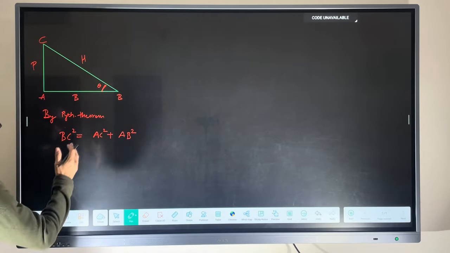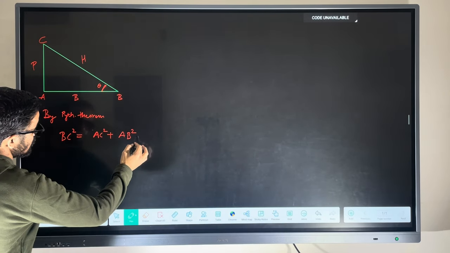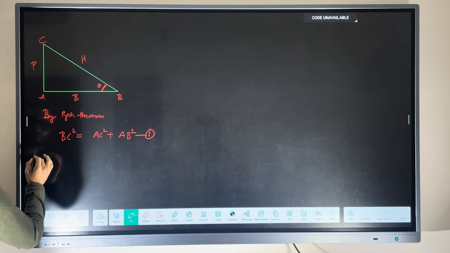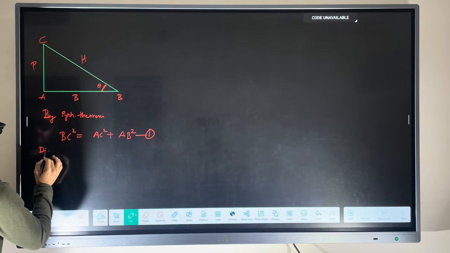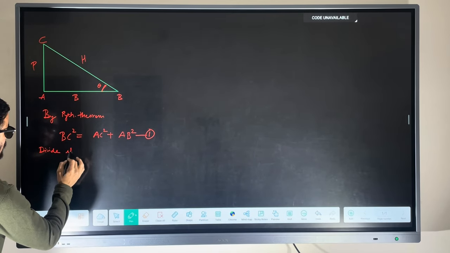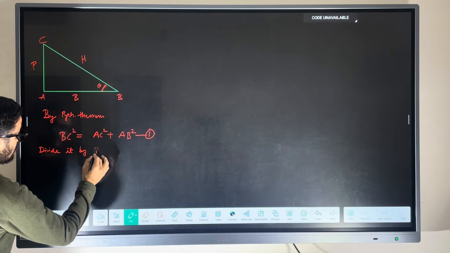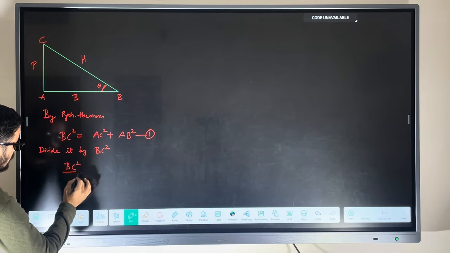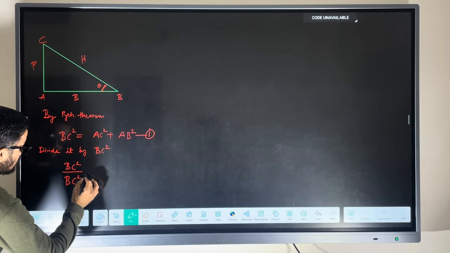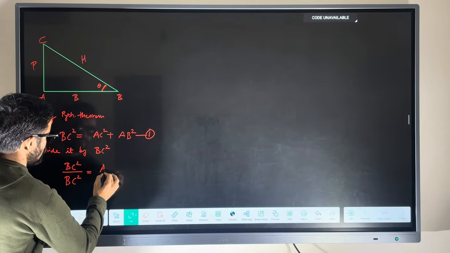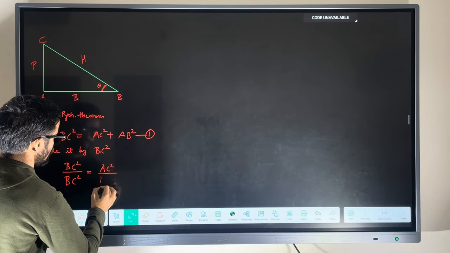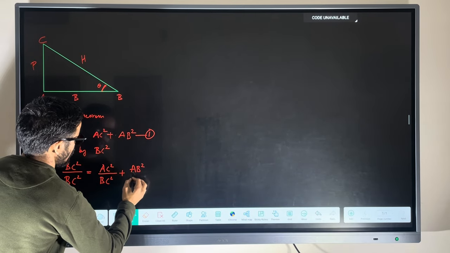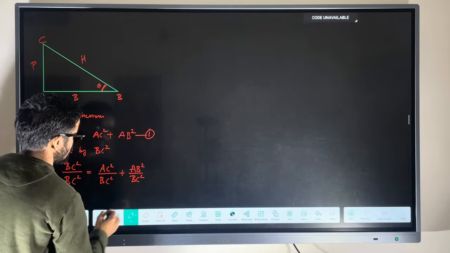Now if we divide this whole equation by BC square, then BC square upon BC square is equal to AC square upon BC square plus AB square upon BC square.